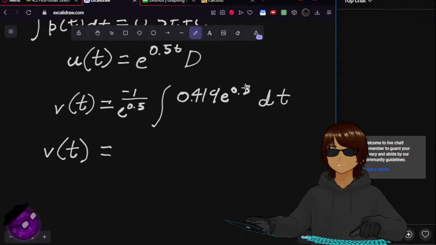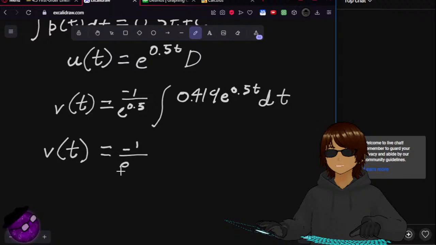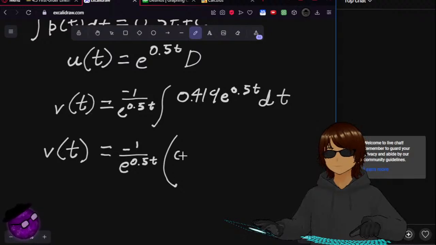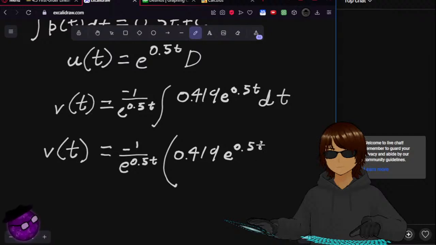What's the integration of this? I think it's this.